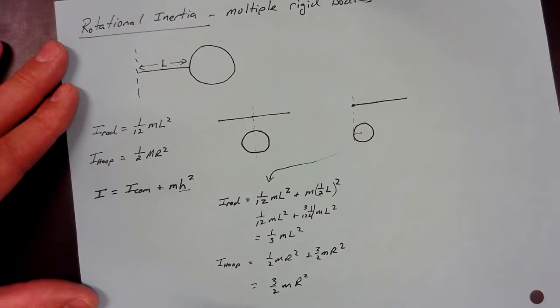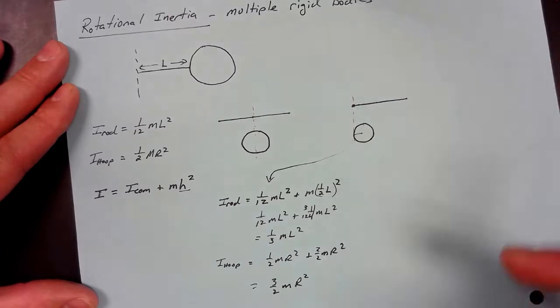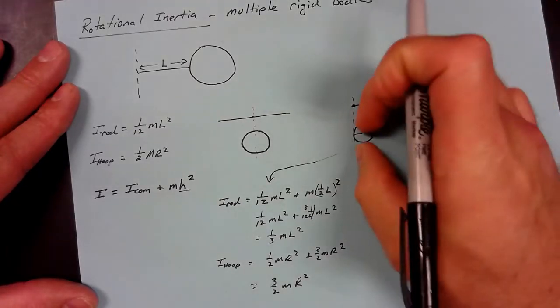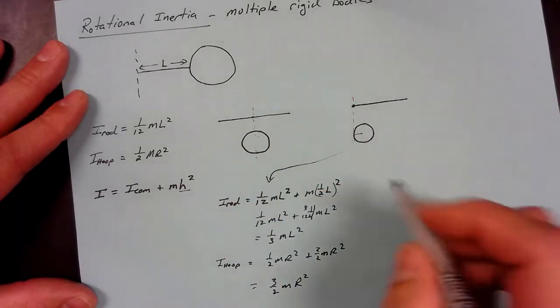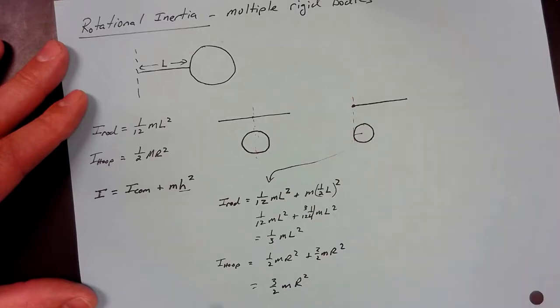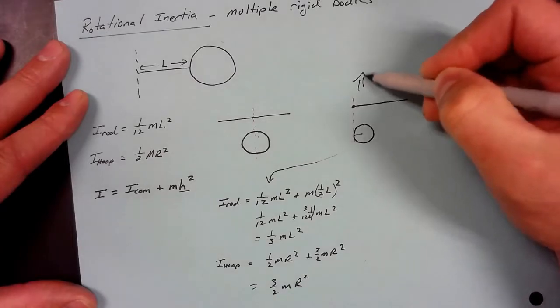So the total, if we were able to take these two and kind of put them on top of each other, should have done that with this one too. All right, so I'm going to actually draw it right here.